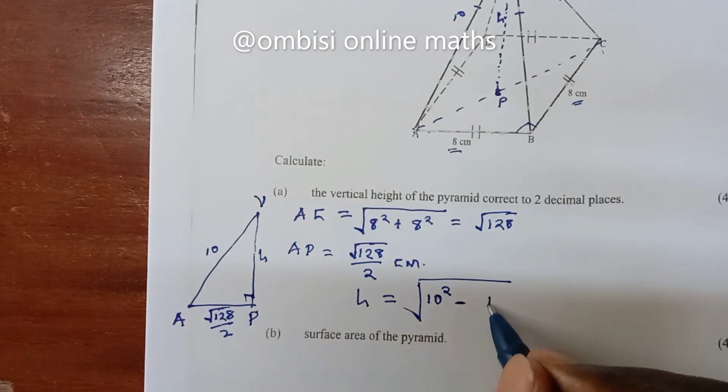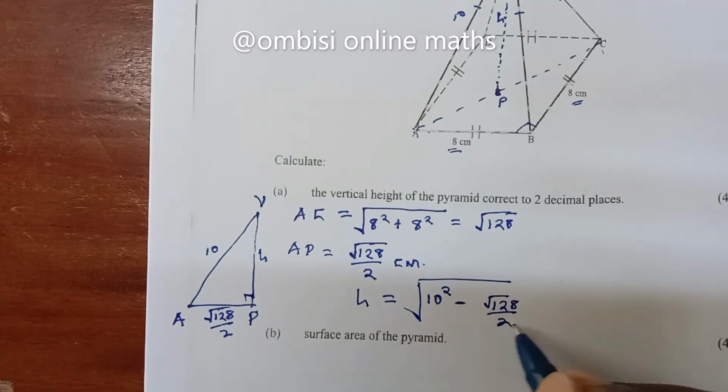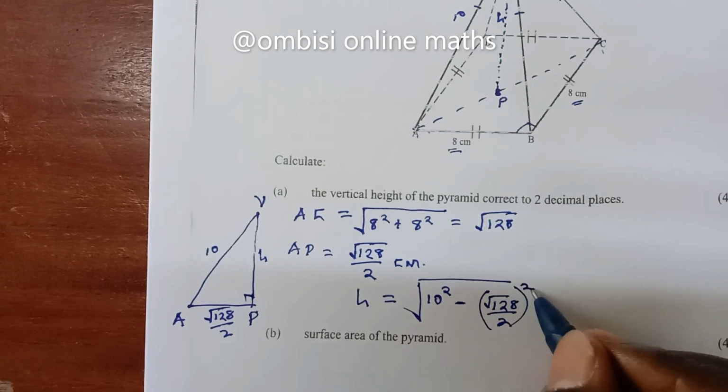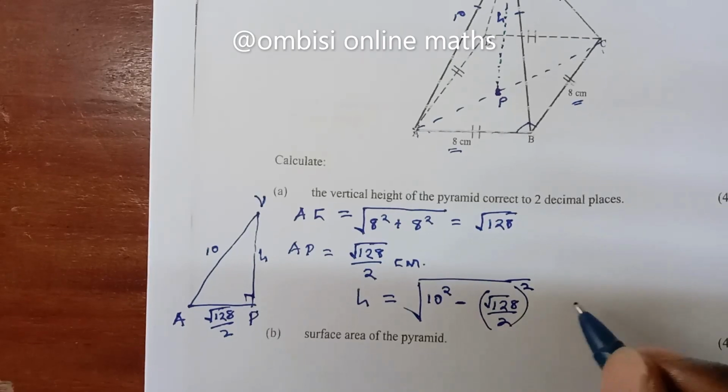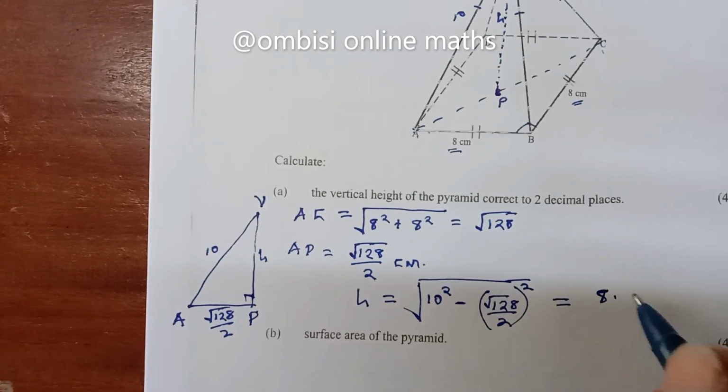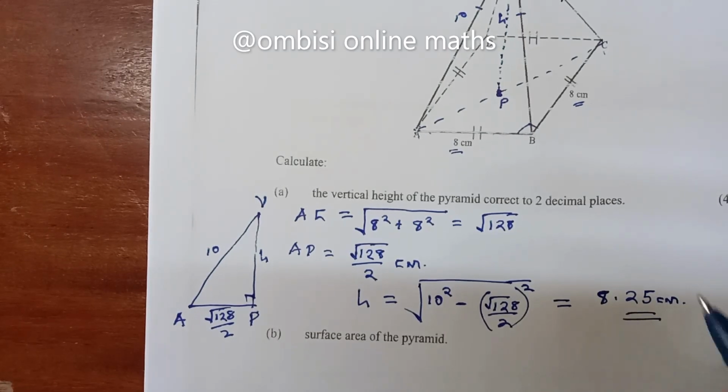So it is the root of 128 over 2, all of it squared. Now, when you carry out this one, the answer is going to be 8.25 centimeters. That is correct to 2 decimal places. So the vertical height of the pyramid is 8.25 centimeters.